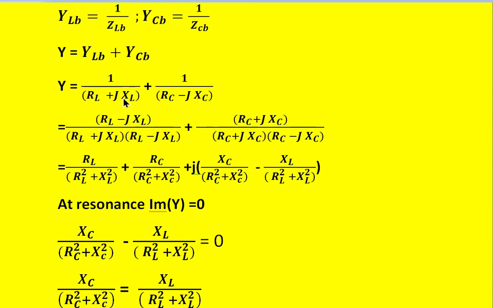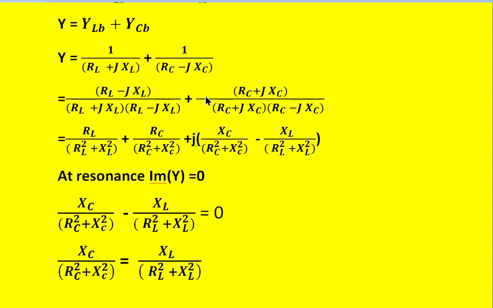The same thing is repeated in the denominator: RL plus jXL times its conjugate RL minus jXL. For the second term, multiply the denominator RC minus jXC with its conjugate RC plus jXC, and put the same RC plus jXC in the numerator.